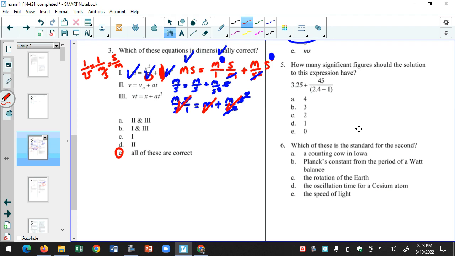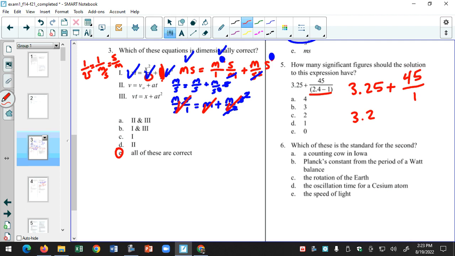So I'm going to start with what's in parentheses, following the order of operations. 2.4 minus 1 is 1.4, but I keep the lowest number of sig figs, or excuse me, not the lowest number of sig figs, the lowest number of what? Decimal places. When I add and subtract, keep the lowest number of decimal places. So that would be 3.25 plus 45 divided by 1.